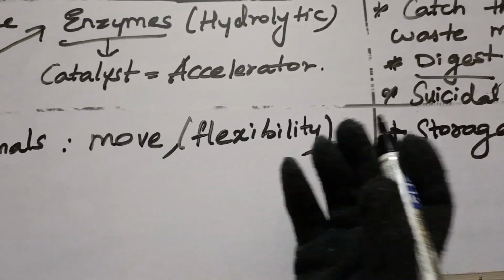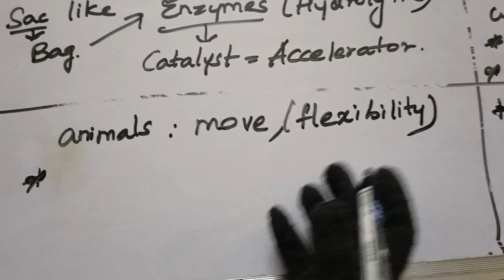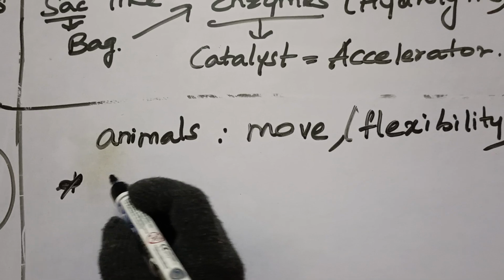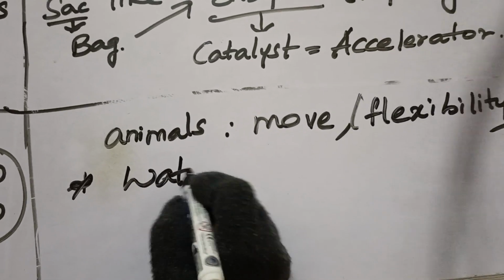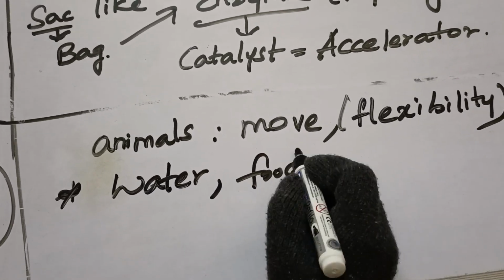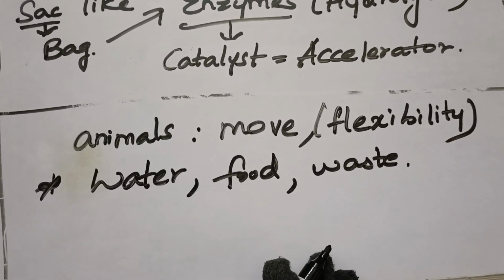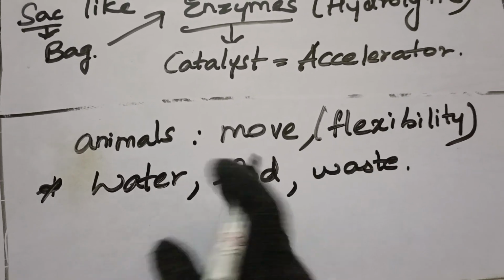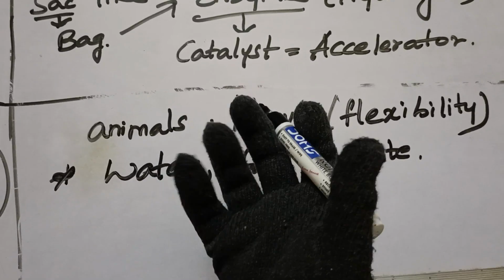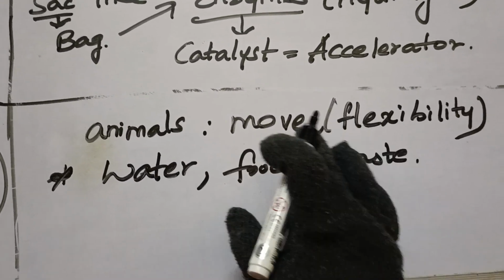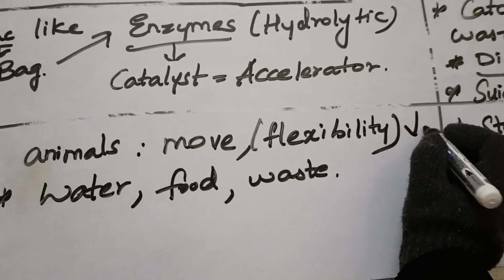So when these storage tanks increase inside the cell, generally vacuoles are going to store water, food materials, and even waste materials. So when vacuoles are more, especially in animal cells, cells are going to become stiff, and when cells become stiff, the body's flexibility is going to reduce.